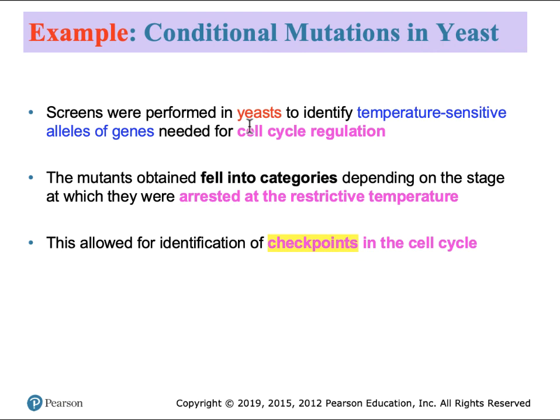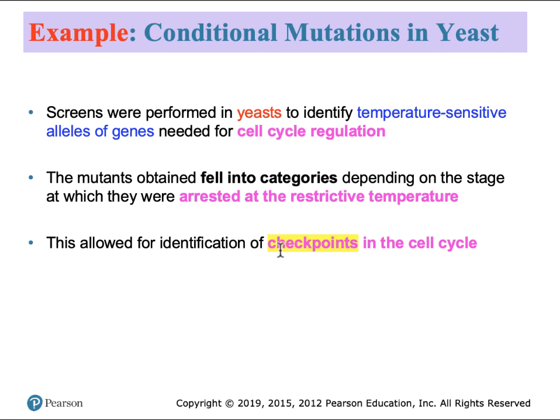In the early experiments, yeasts were used to replicate what happens in other creatures, and the mutations that they studied fell into discrete categories or groups, depending on the stage at which the cell cycle was arrested at the restrictive temperature, normally the higher temperature.